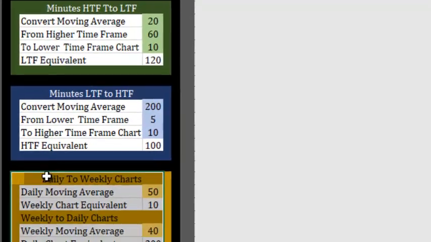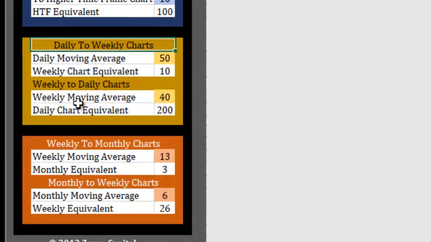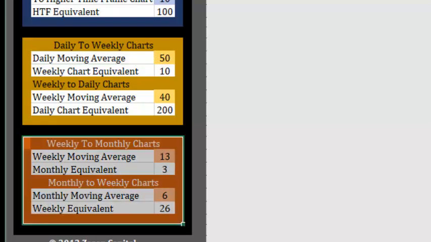The next category converts daily to weekly and weekly to daily charts. If on the daily chart I have a 50-day moving average, that would be the equivalent of a 10-week average. If on the weekly chart I had a 40-week moving average, it would convert to a 200-day moving average on the daily chart. And the last section converts weekly to monthly and monthly to weekly.